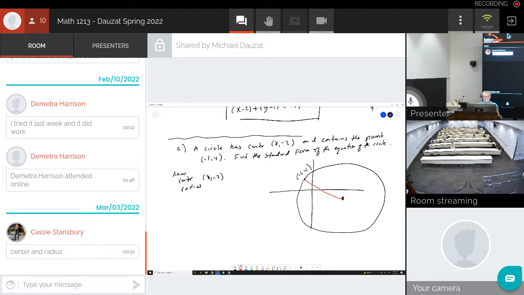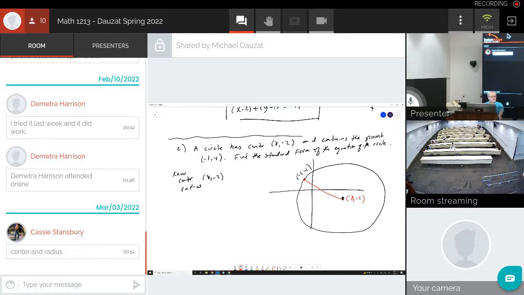And so to find the length of the radius, I know this endpoint and I know the center. The center is 8, -2. So how can I find that red segment, the length of that red segment? The distance formula. Now, it's not the diameter, but if it was a diameter, I would divide by 2.